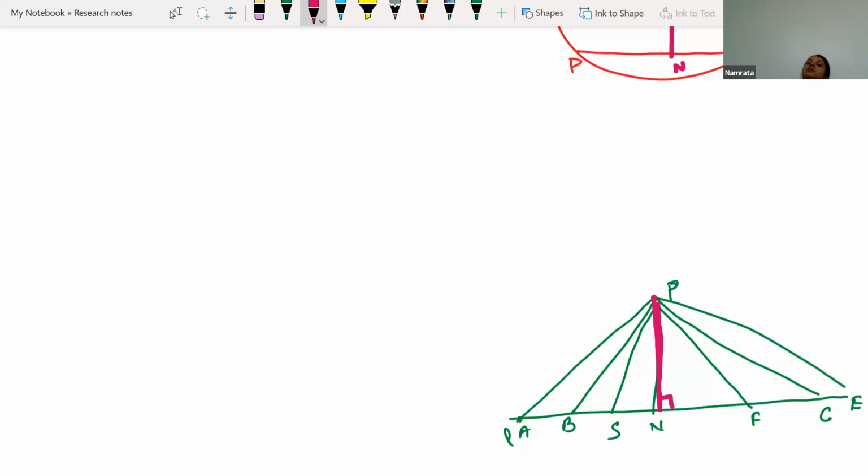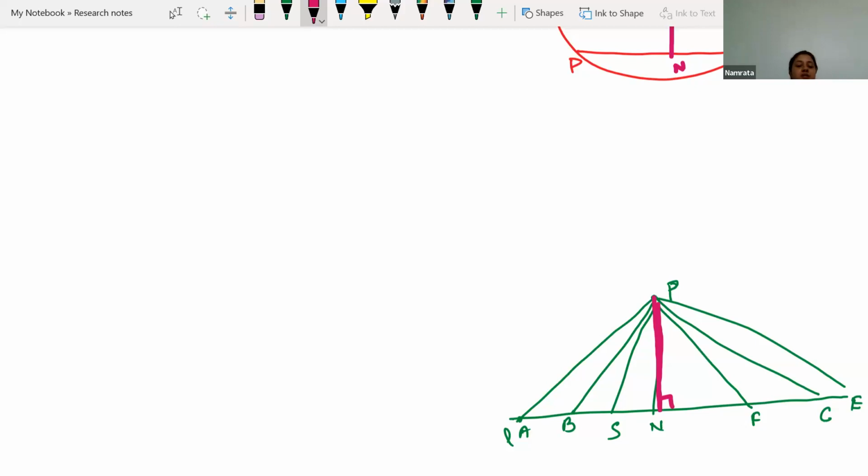That's why, as I said in the previous class also, whenever it's talking about distance, you have to take the perpendicular distance. Why only perpendicular distance? Because all the distances are different and the minimum distance is the perpendicular one, so why not take the minimum distance only?